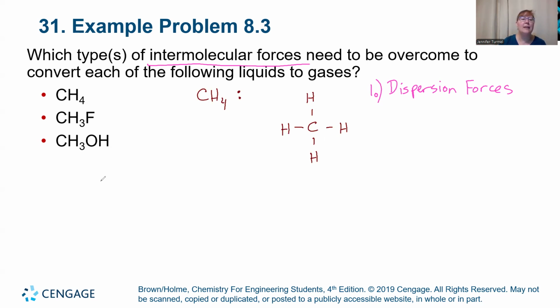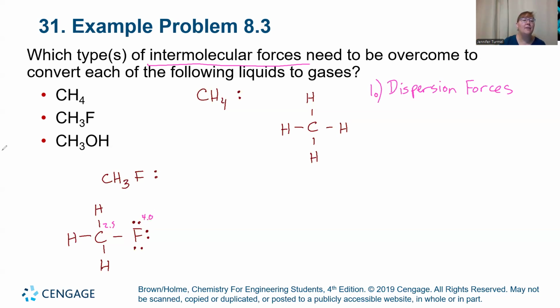Okay, so now let's take a look at CH3F. Okay, so CH3F has this methyl group on it. It looks just like the methane does over there, except we're going to replace one of the hydrogens with a fluorine. Now, fluorine, this is going to be different. Now we're definitely going to have a dipole because carbon is 2.5 and fluorine is 4.0.